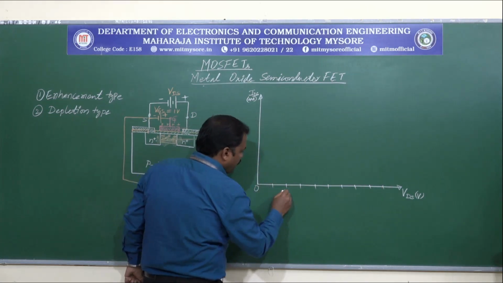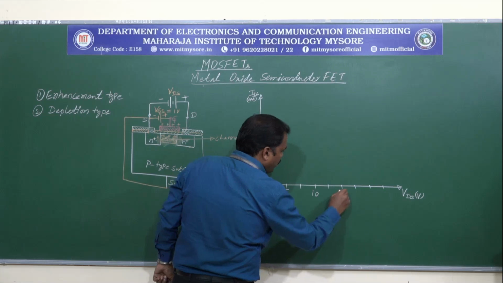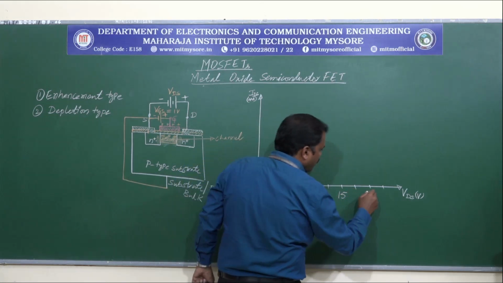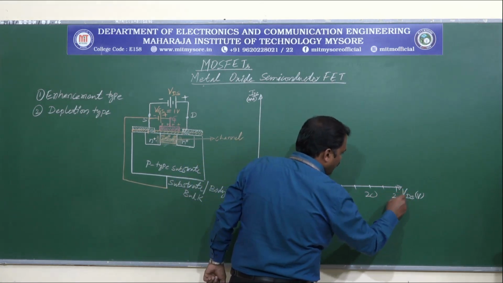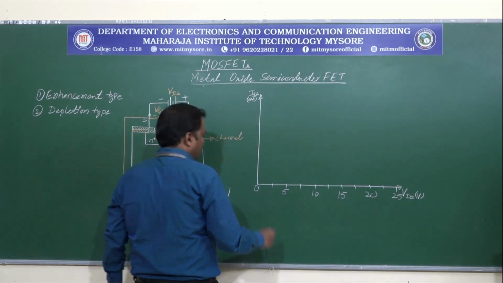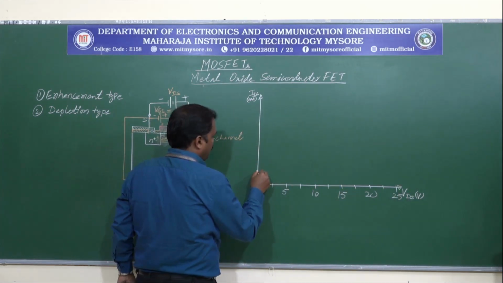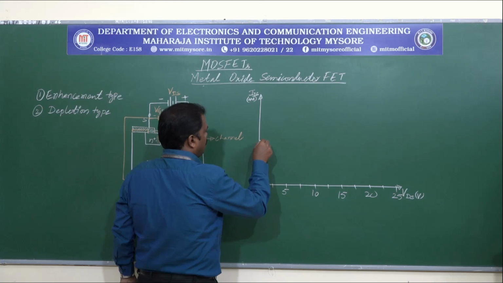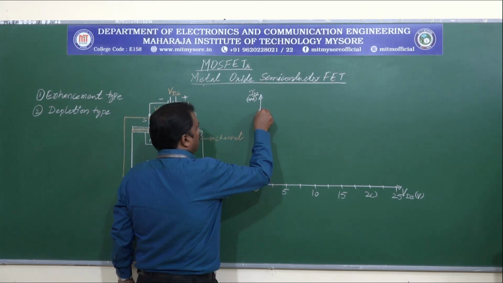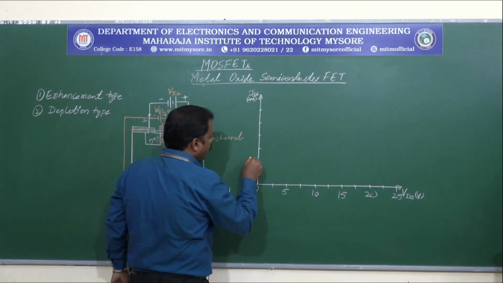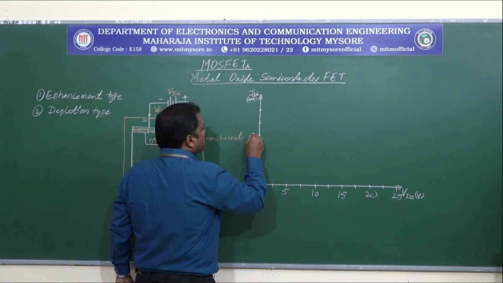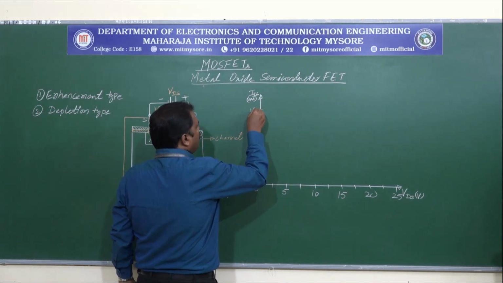So this is 0, 5, 10, 15, 20 and 25. And this is 2, 4, 6, 8, 10 and 12.